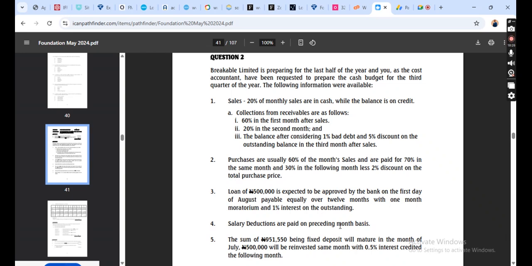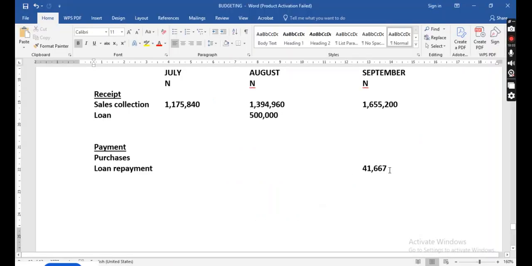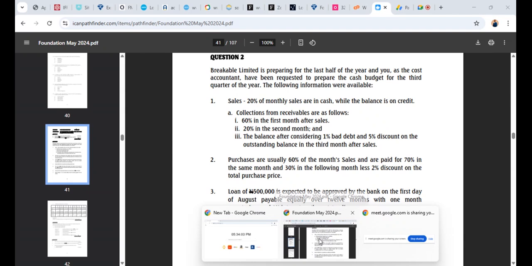The outstanding is what you are yet to pay. Class, you've already said this loan is for 12 months. They've given you moratorium of 1 month, which means you will not pay it in August. You pay it in September.